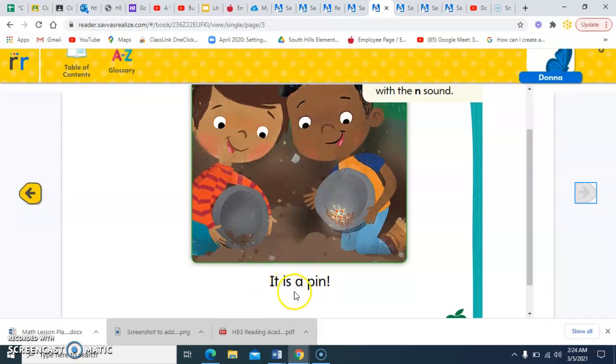It is a pen. So you can always go back and look at the video and practice the stories. Also, you have them, some of them in your workbook to practice. So eventually you need to read fast or quicker.